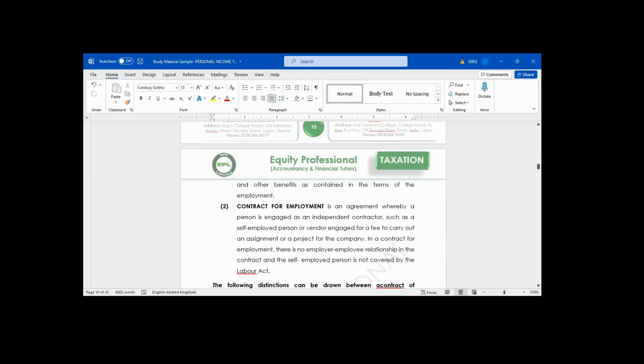Some people call it contract of service and contract for service. Part-time income and full-time income, it's the same thing.